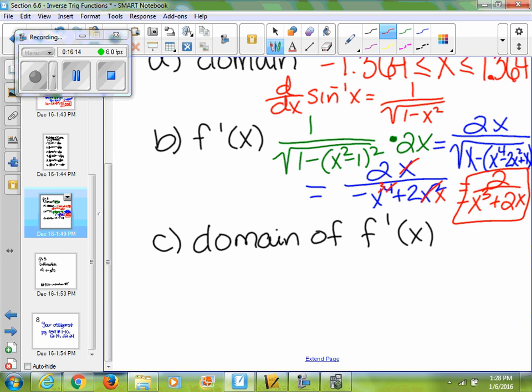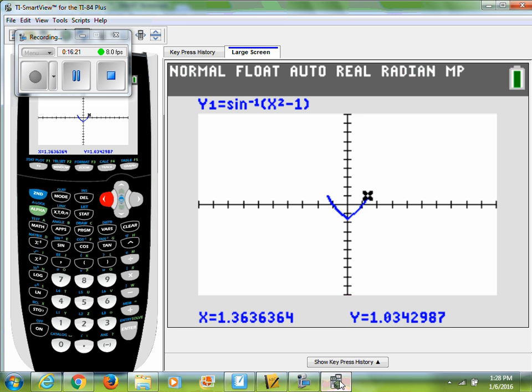Okay, and that asks us to find the domain of f prime of x. So now we're going to graph 2 over negative x cubed plus 2x and figure out what we get for that.